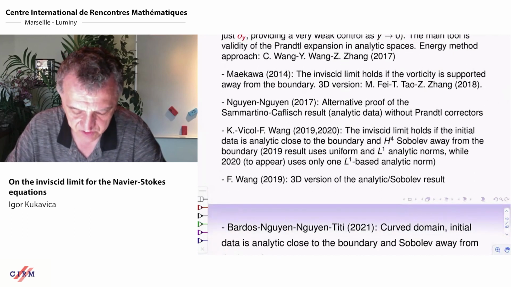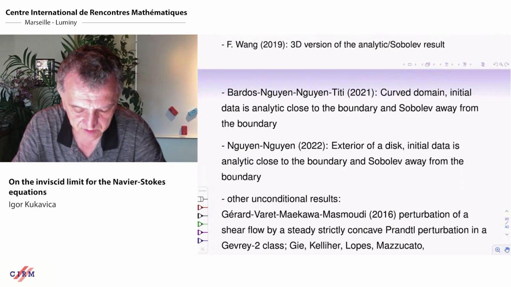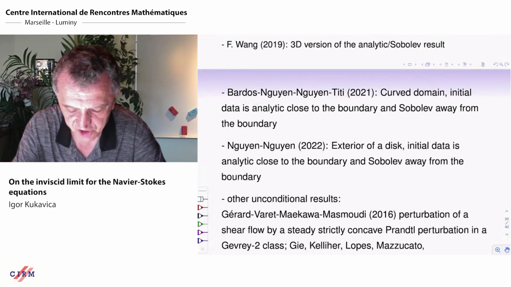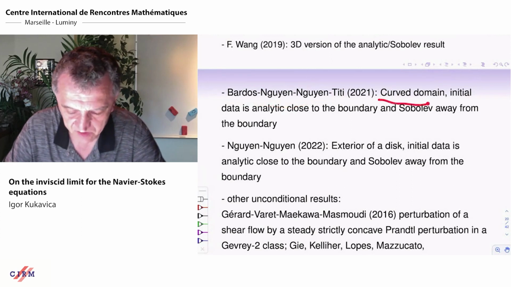Fei Wang proved the 3D version of this result. So our version was the 2D for the half space, and the difficult generalization to the curved domain was obtained by Bardos, Guo, and Titi. But that's for the curved domains and initial data again, analytic close to the boundary and Sobolev away from the boundary.